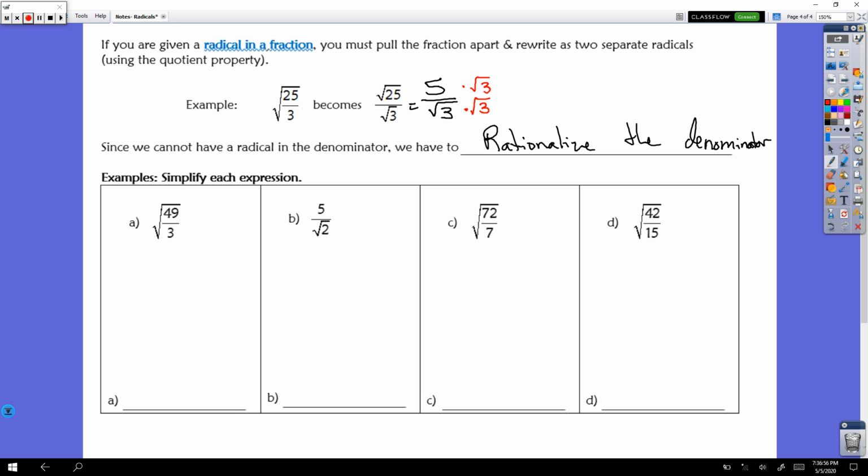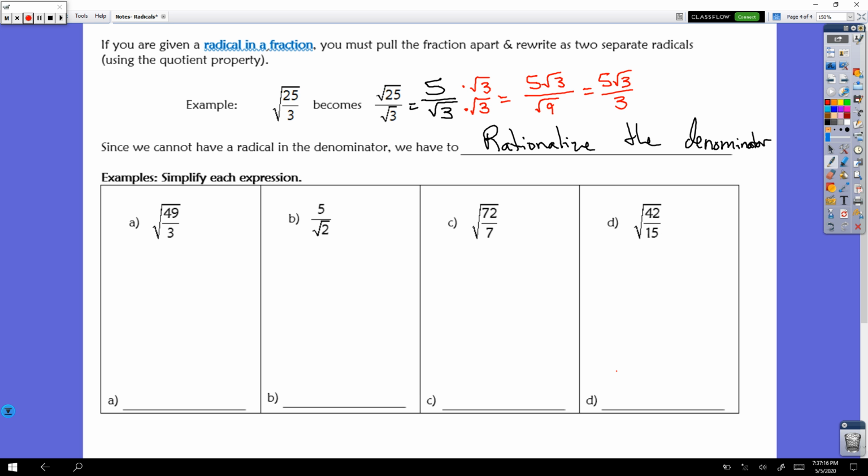Now when I multiply, on top I would have 5 root 3, and I can't really do anything with that. But on the bottom, the square root of 3 times the square root of 3 gives me the square root of 9, and the square root of 9, as we know, is just 3.